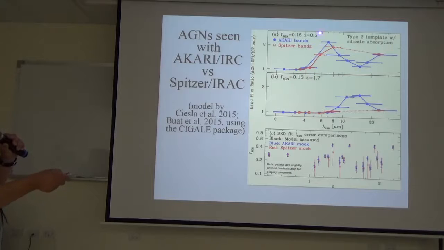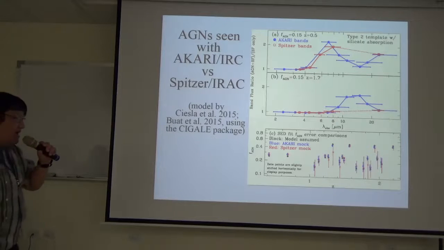This is at a redshift of 0.5, and this is for redshift of 1.7. Because of this gap, it is somewhat hard to pick up the AGN-only component with Spitzer, but with Akari you can clearly see this.